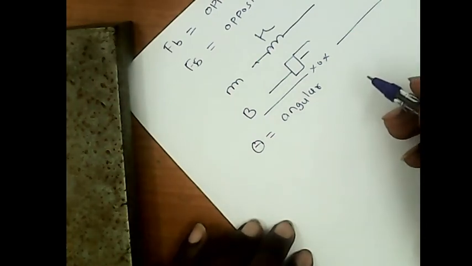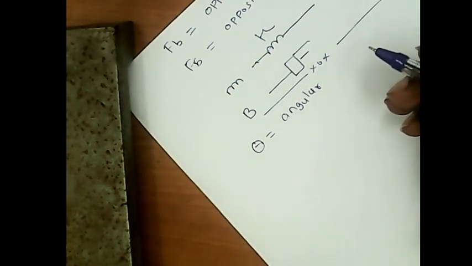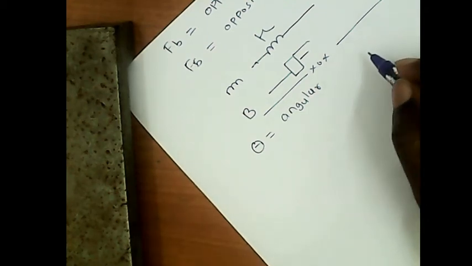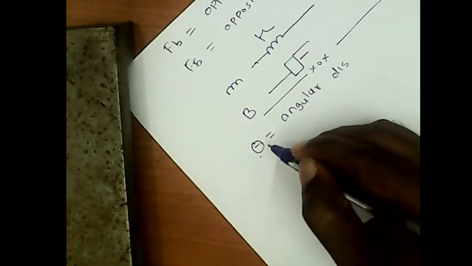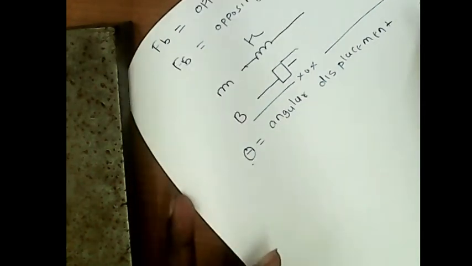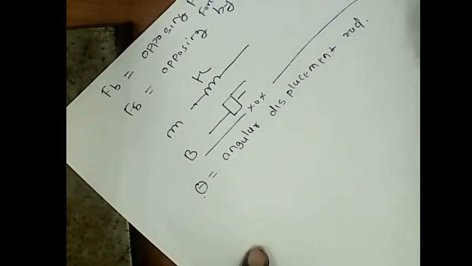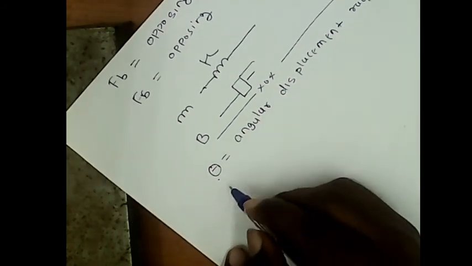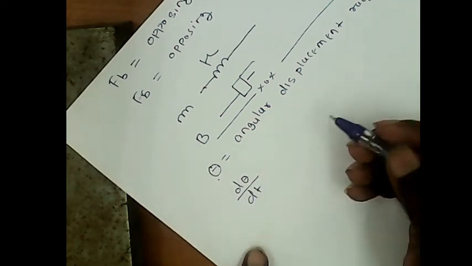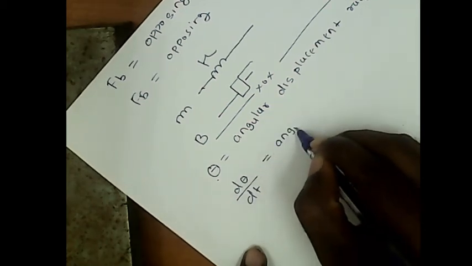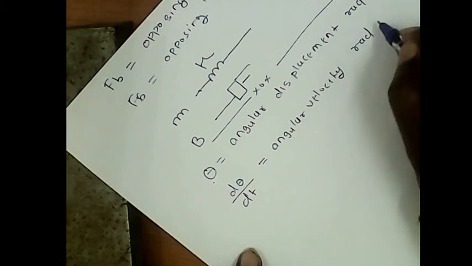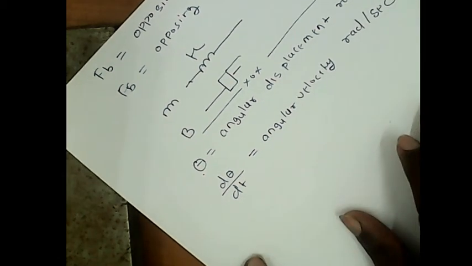Now we are going to the rotational motion, which is a mechanical system moving around an axis. What are the basic terms related to it? The angular displacement is denoted by theta, which is measured in radian. Then angular velocity d theta by dt, the rate of change of angular displacement, is measured in radian per second.